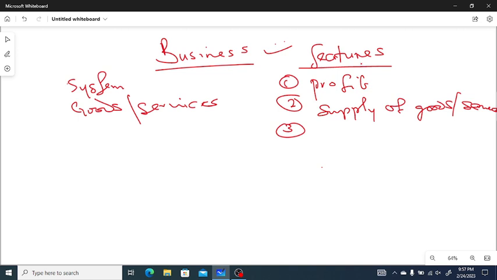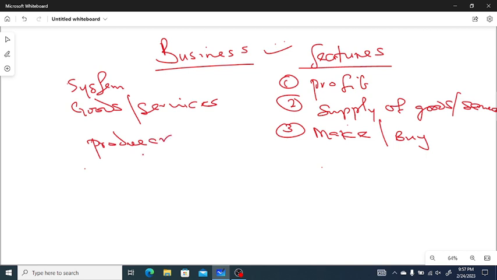Number three, the goods or services supplied. The goods might be made by the supplier. That is, you supply goods or services, then those goods you supply, you can either make them or you buy them. Let's say you are into business and you are a producer.